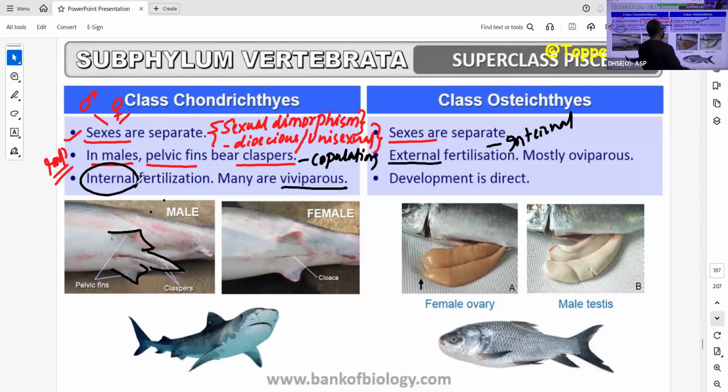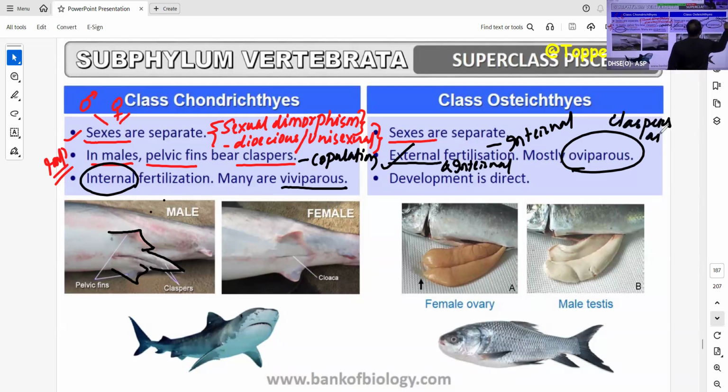Whereas here, since they are oviparous, the fertilization can be both external and internal. But one thing to remember: in case of bony fishes, claspers are absent. Remember this.